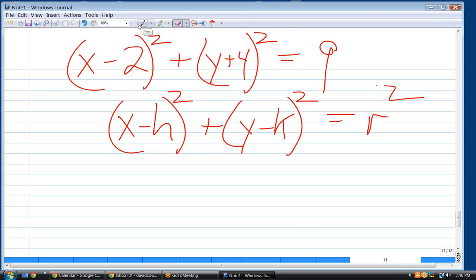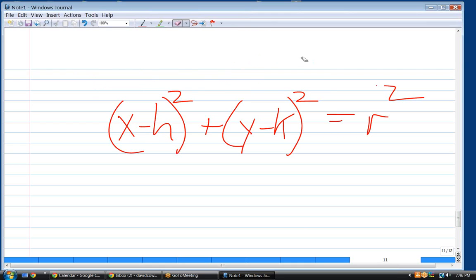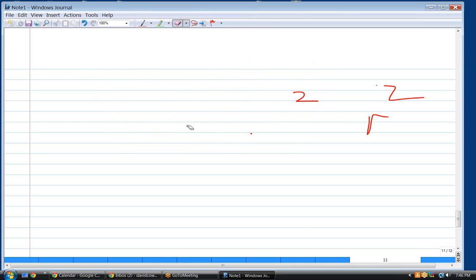It won't be until you actually get to calculus where you see an x plus h again. Pretty much everything in pre-calc and algebra 2 is always x minus h. So if you ever wonder whether it's minus or plus, just assume minus. What else?